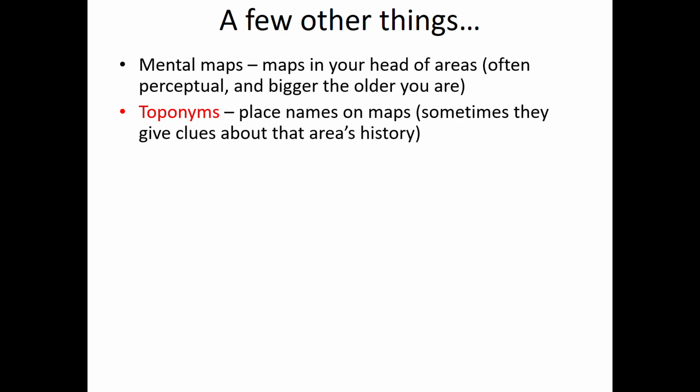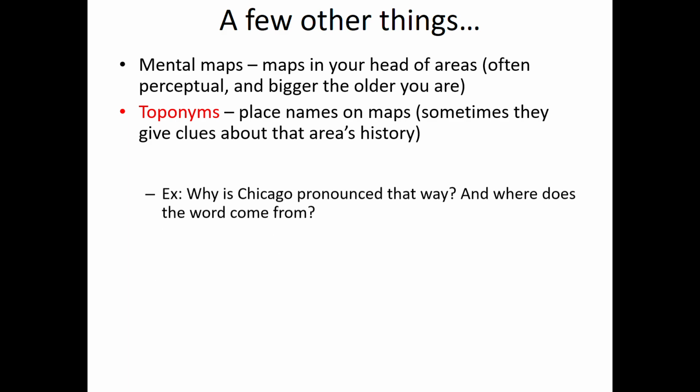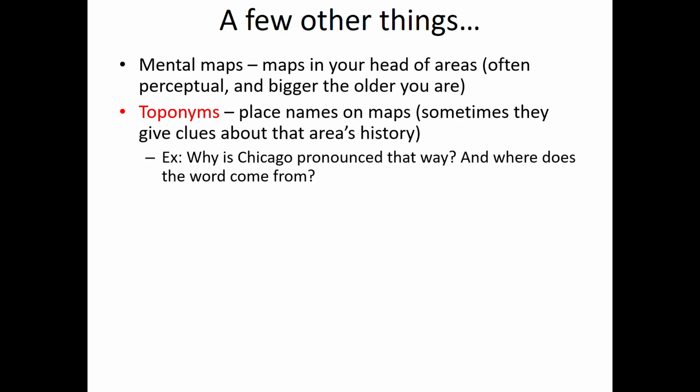So we are called that because of our Native American background and spelled that way because of our French background. We were actually a part of France for about 150 years. So that addresses the question of why Chicago is pronounced that way and where the word comes from.